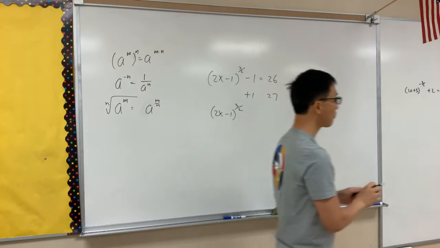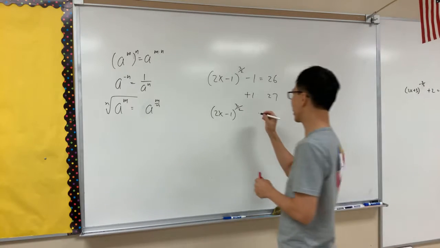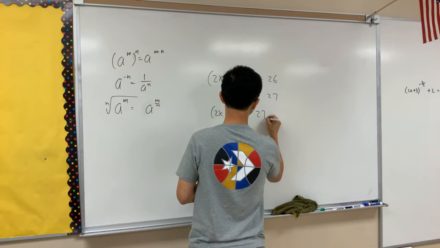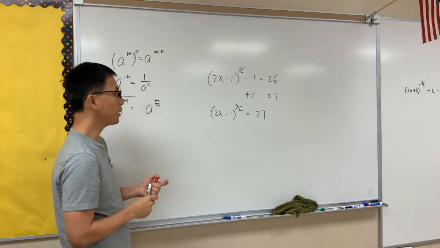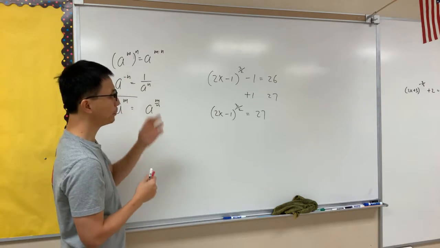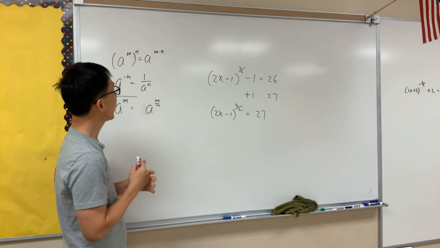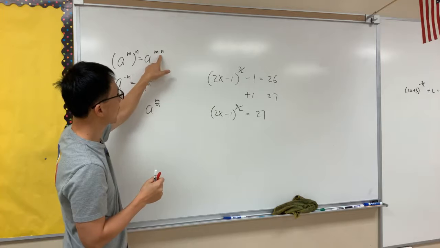Question about this part? Now you say, okay, this is the first time that we see this. There are multiple ways to do this question, and a lot of students can get the right answer regardless of which way they use. For me, I look at this question and say, okay, I'm going to use this rule here: a to the m, to the n power, is equal to a to the m times n.